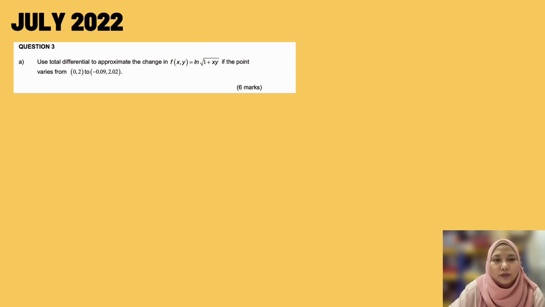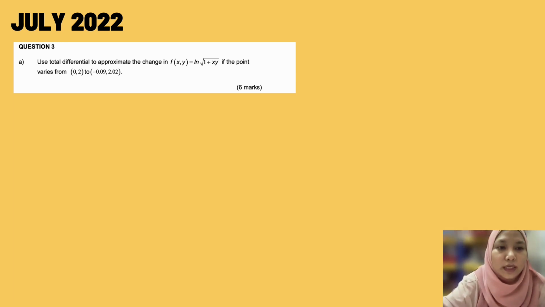Okay, so July 2022, question 3. Use total differential to approximate the change in f(x,y) equals natural log square root of 1 plus xy if the point varies from (0, 0) to (negative 0.09, 0.02). So to approximate the change, what we need to find is f(x,y) plus the change in f.